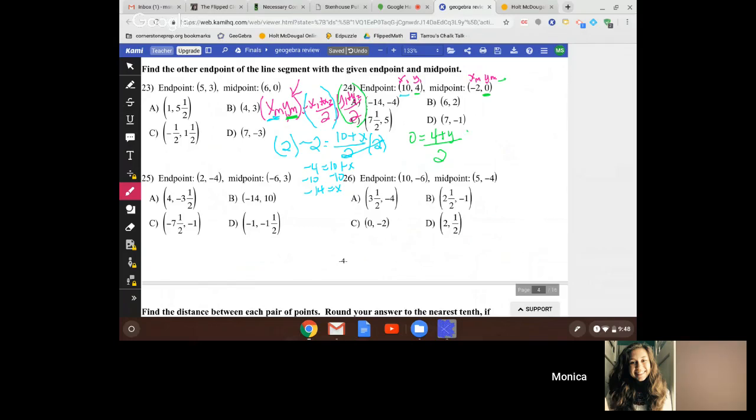And now solve for y. So again, since we're dividing by 2, we have to multiply by 2 on both sides. 2 times 0 is 0. So that gives us 0 equals 4 plus y. And we're going to have to subtract 4 from both sides. So 0 minus 4 gives us -4 equals y.